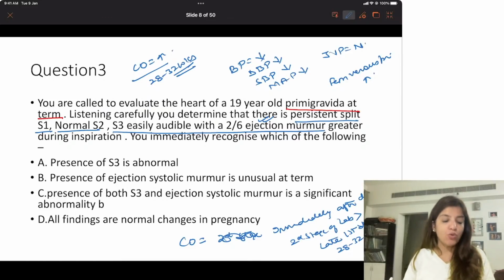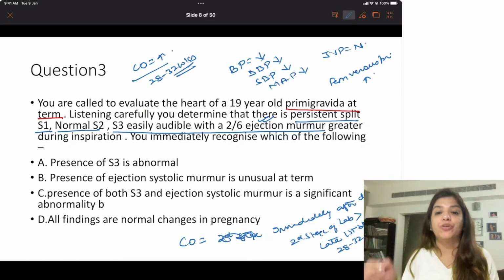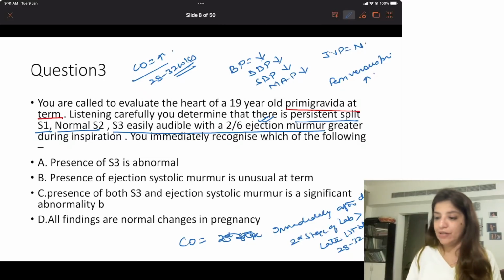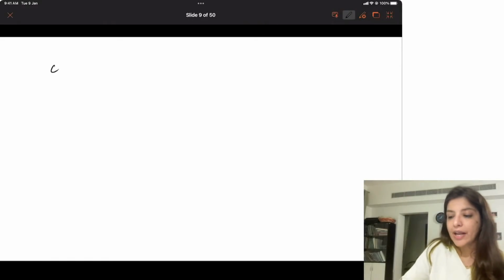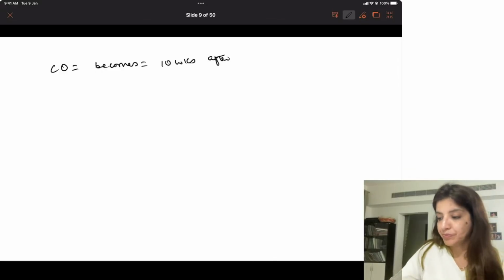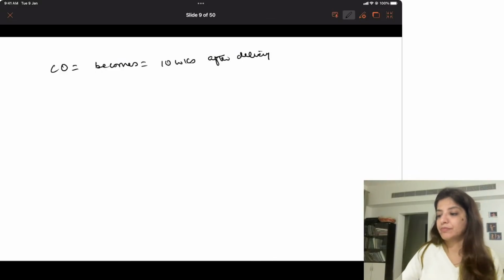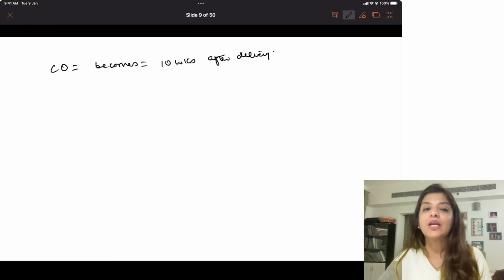Now, if I ask you, when does cardiac output return to normal after delivery? So, cardiac output becomes normal 10 weeks after delivery. Right?